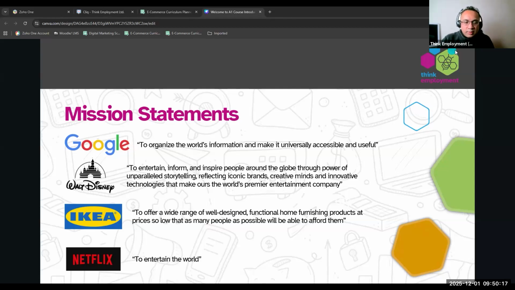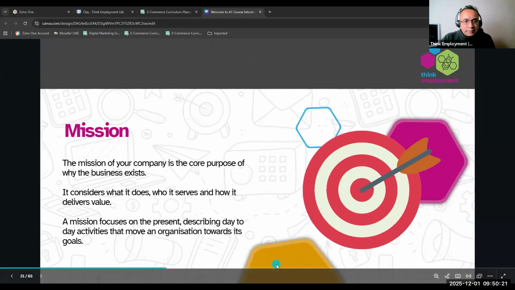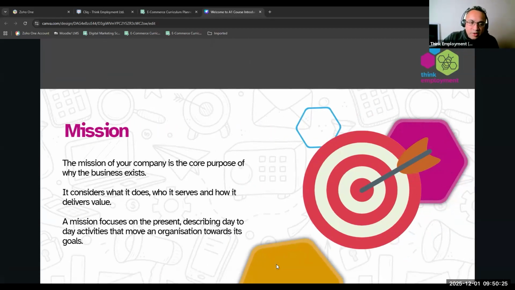So when you think about mission, the mission of your company is the core purpose of why the business exists in the first place. So it's very important to have that mission statement. It's like a compass. It's basically knowing what you actually want to do.